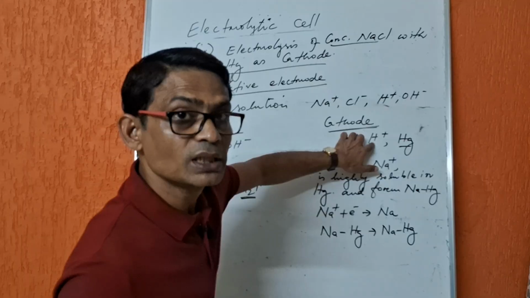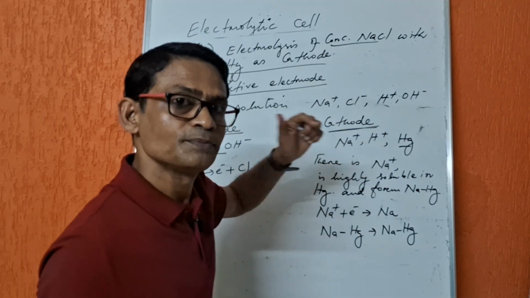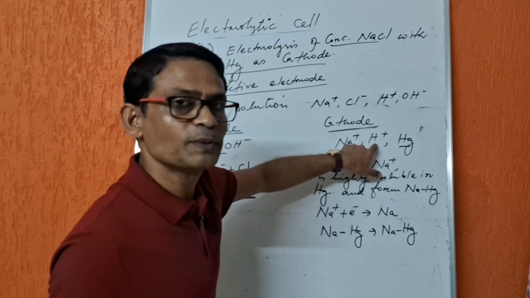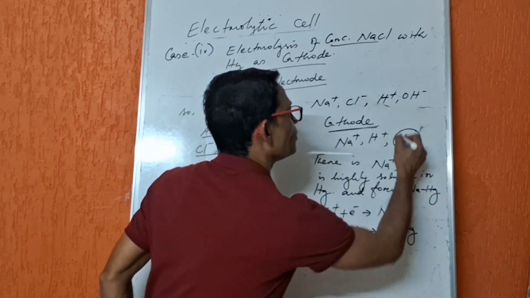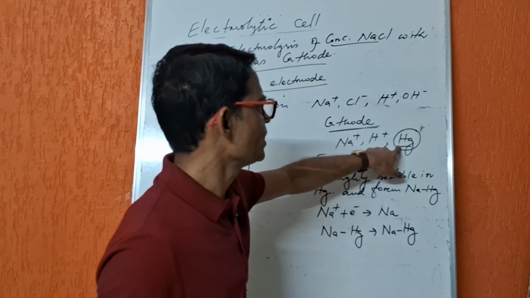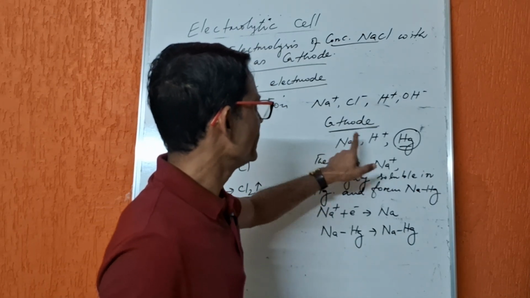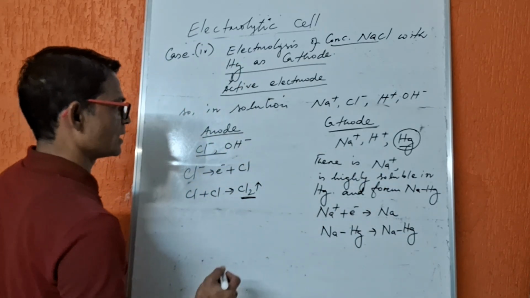Here the possibility is H plus. As per the rules, H plus can be reduced, but since mercury is our active electrode, it will form the amalgam with Na plus.